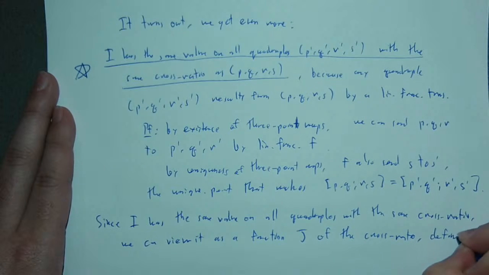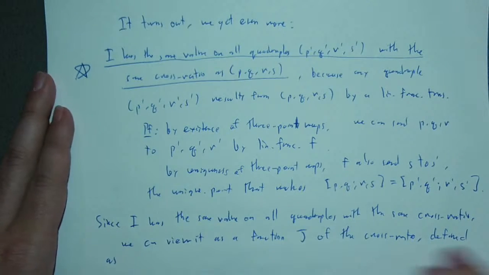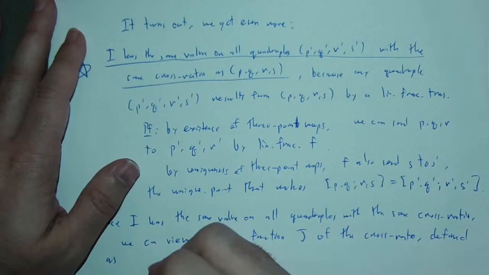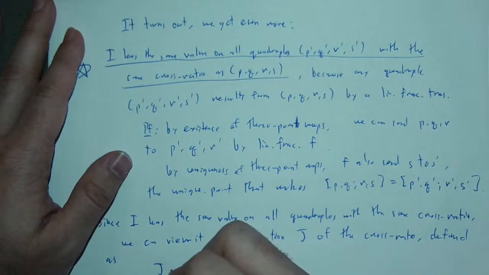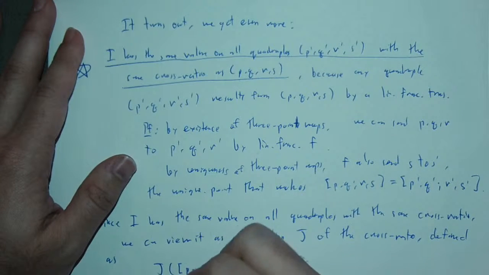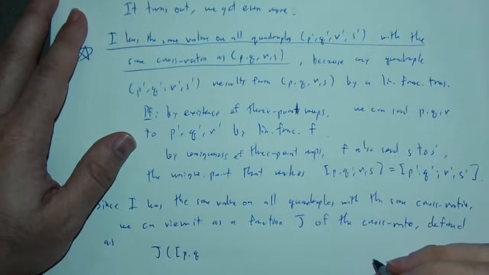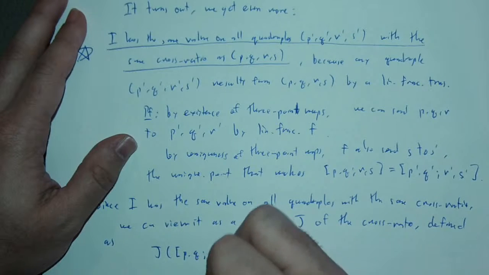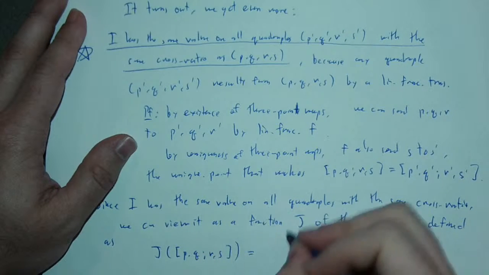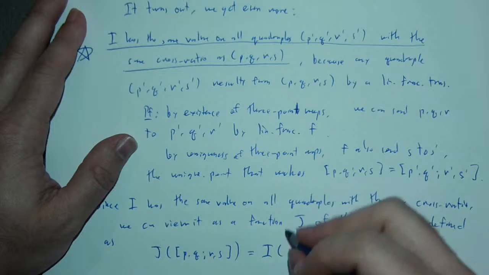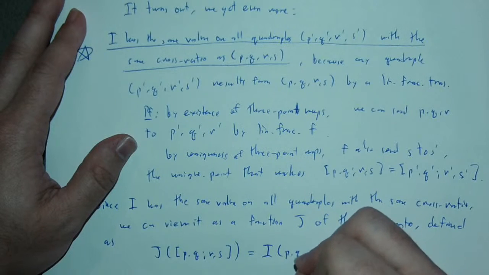Defined as j of the cross ratio of P, Q, R, S is defined to be the value of I on P, Q, R, S.